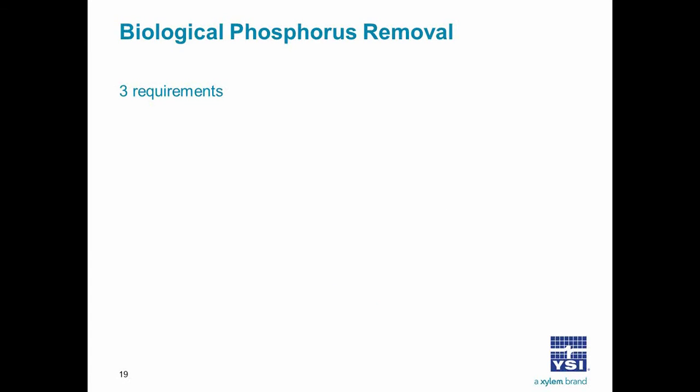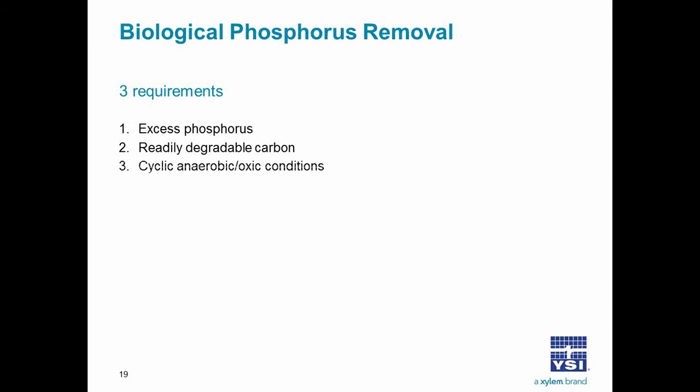The 3 requirements for biological phosphorus removal are: 1, you need excess phosphorus; 2, you need readily degradable carbon; and 3, there must be cyclic anaerobic and oxic conditions. These 3 conditions provide what is needed for these bacteria, known as phosphate accumulating organisms, to be maintained in the system.